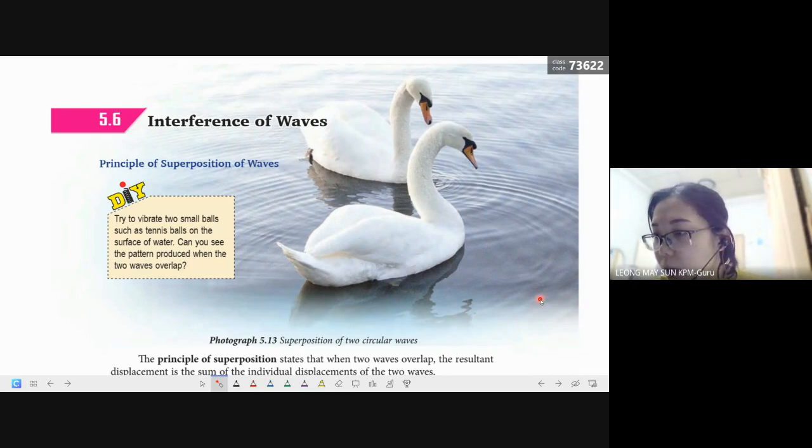I'm just curious, is there any Form 5 in this group? Because I think I did not send it to the Form 5. I didn't really send this PowerPoint slide to the Form 5. Is there any Form 5 who wants it here? You better voice out so that I can forward it in. Li Xuan is over here. Class, give me a quick minute.